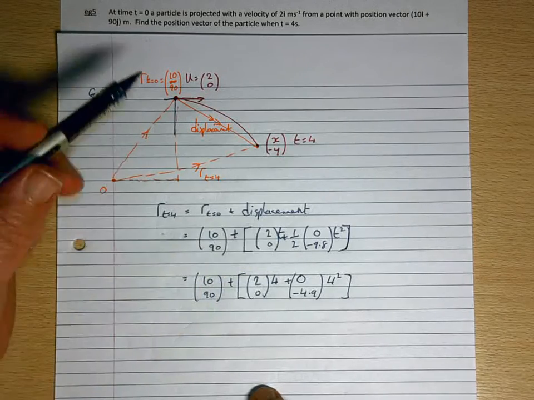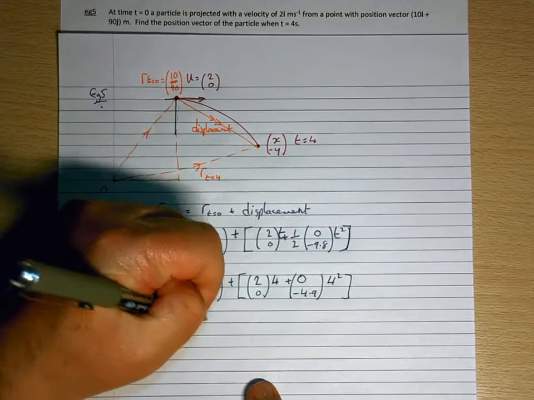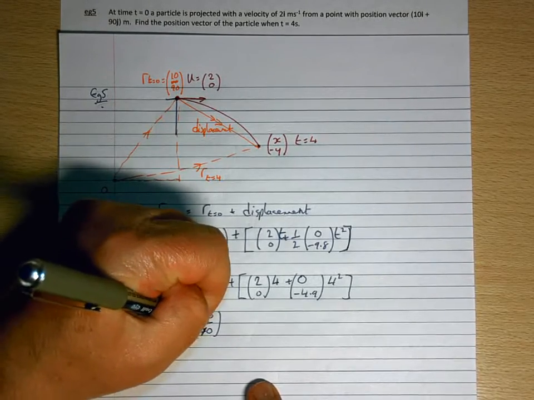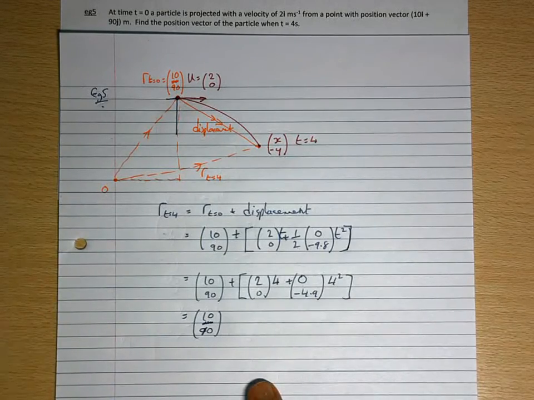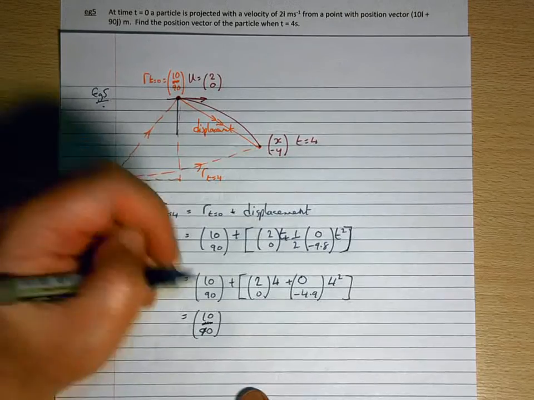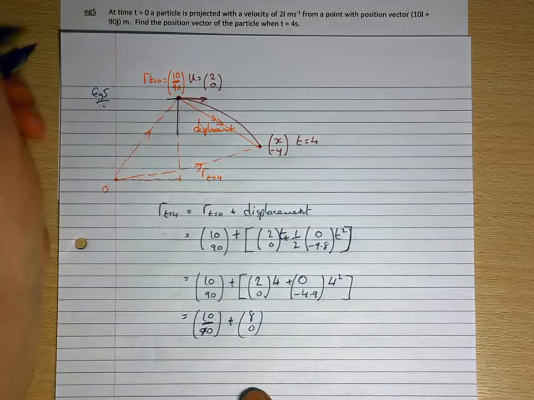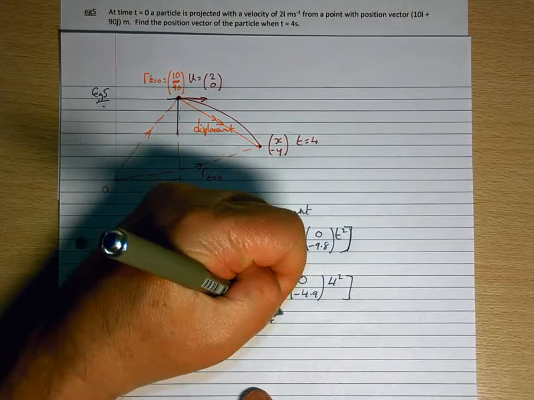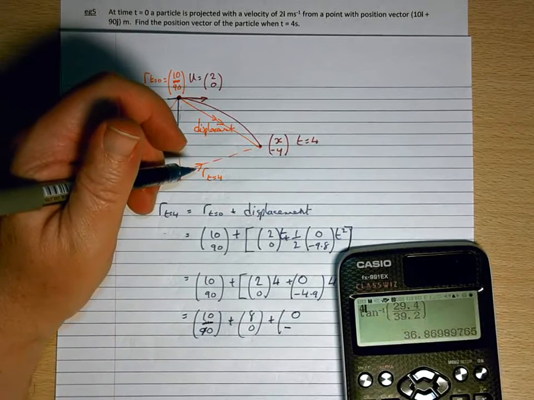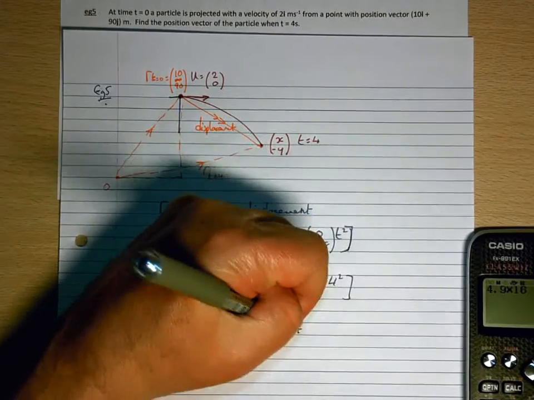I've evaluated a half times minus 9.8, but I've still got the 4 squared in. So that's (10, 90) plus 8 for that one. Oh, it's not a fraction. I'm sure you're going to get wound up by doing that as well. I write fractions more than column vectors. And for this one, it's going to be 0 minus 4.9 times 16, which is 78.4.